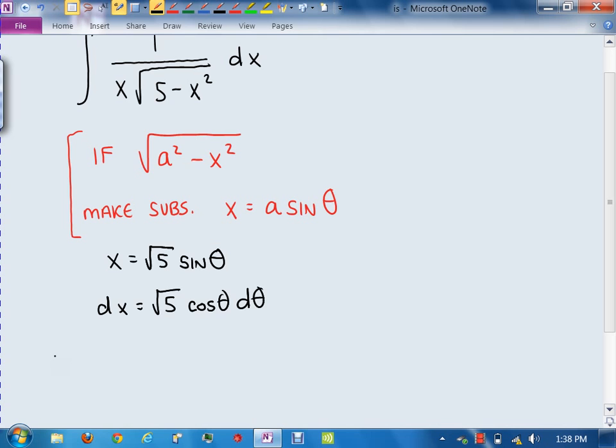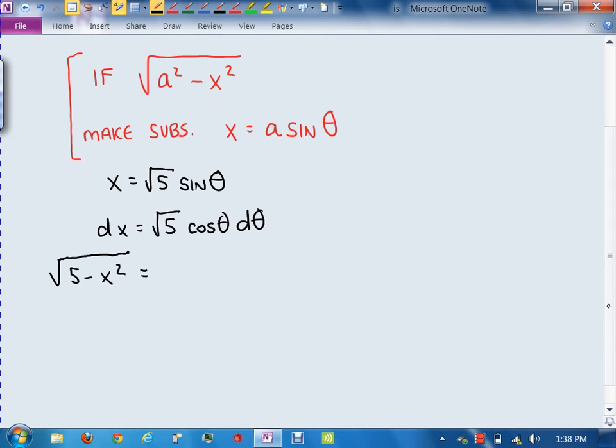Then didn't I take that whole square root thing, the square root of 5 minus x squared? What's this going to be for us? Square root of 5 minus, what's x squared for us? Square the x. Root 5 squared, which is 5 sine squared theta, right? What can you factor out of both of those? A 5.